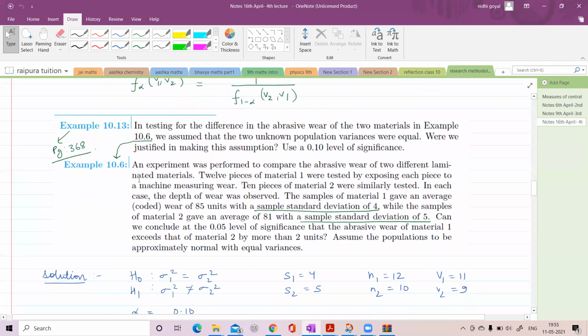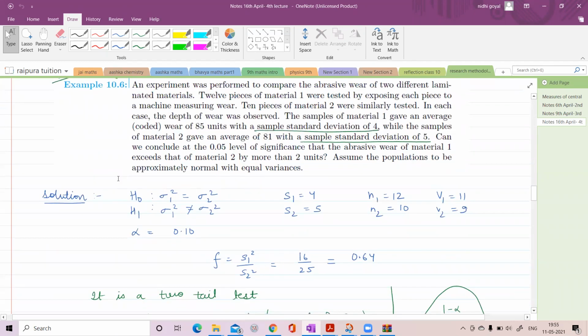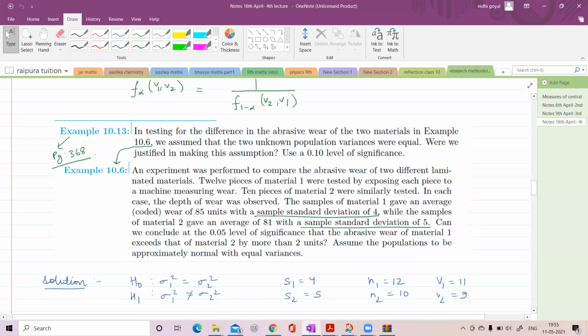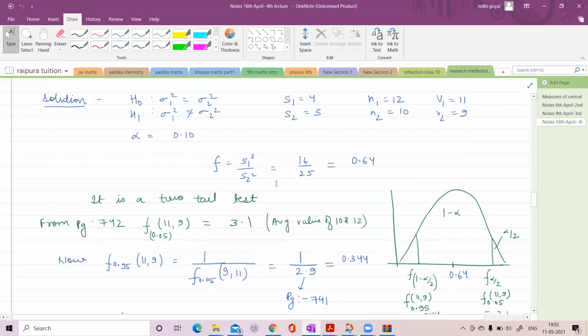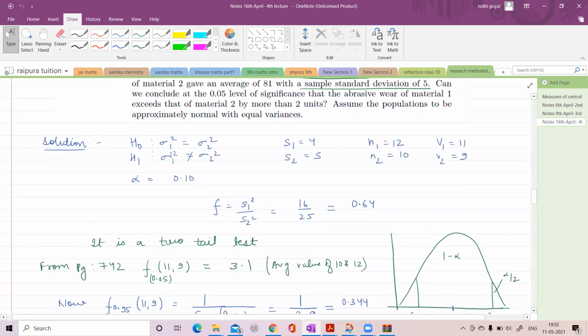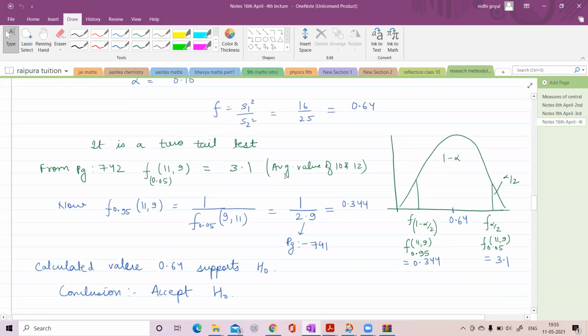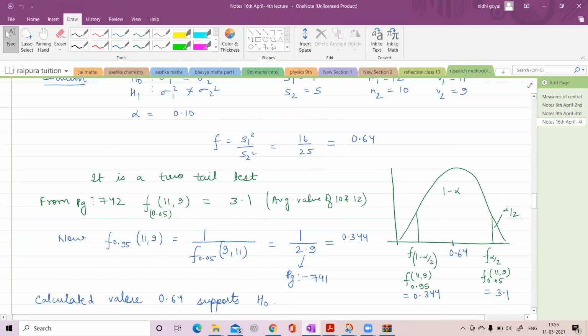So this is the question which was discussed, given on page number 368, and these are all the corresponding values which we found from the above question. We have calculated the value of F, and since it is a two-tailed test because of H1, we will calculate F of alpha by 2 and F of 1 minus alpha by 2 from the table on page number 742.